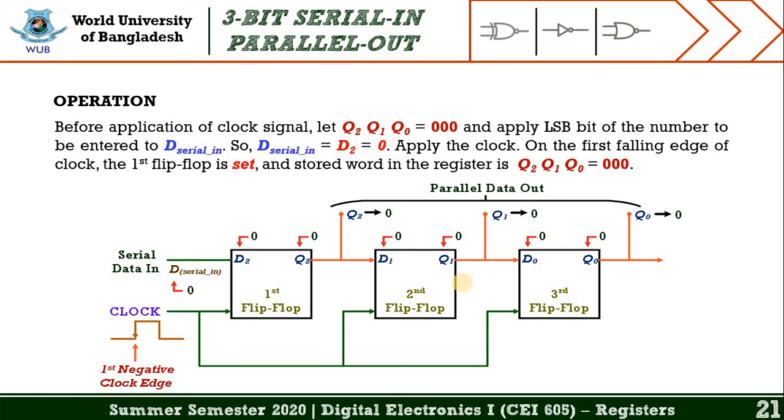That's why the value of Q1 is equal to 0, because of the previous state, and similarly for the third flip-flop. So that's all for the first condition. Let's move on to the next condition to explore what we will find if the second negative clock edge is applied at the clock.